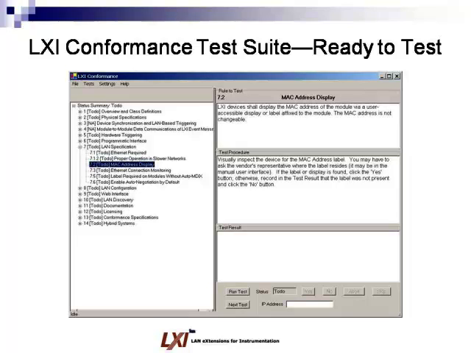Look for a MAC address and it gives you some things to do about it. In this case, you have to visually inspect the device for a MAC address label. You may have to ask the vendor's representative where the label resides. Maybe in the manual user interface, if someone actually has a front panel interface, and you may have to go look for it. Normally the vendor knows where that is because they designed the instrument.